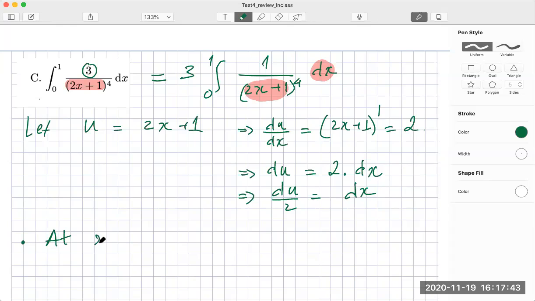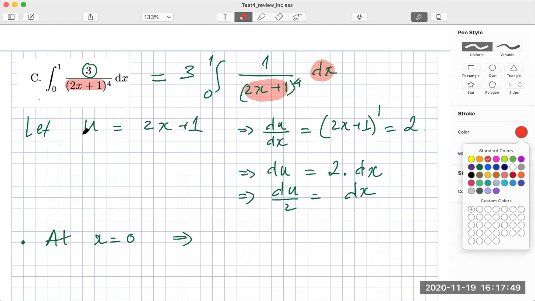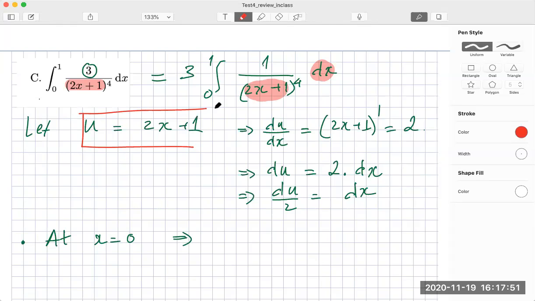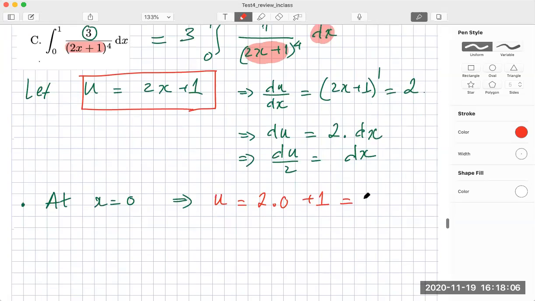At x is equal to 0, from the relation we just defined, we have to find the value of u, which is 2 times 0 plus 1, which gives us 1. Very good.